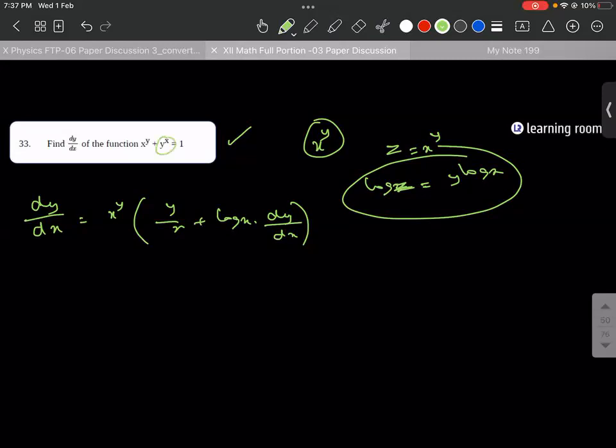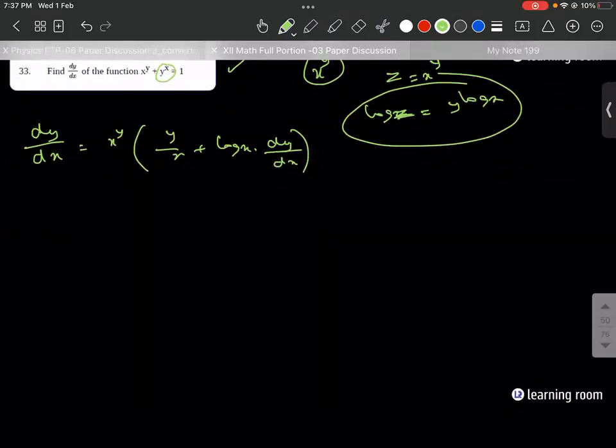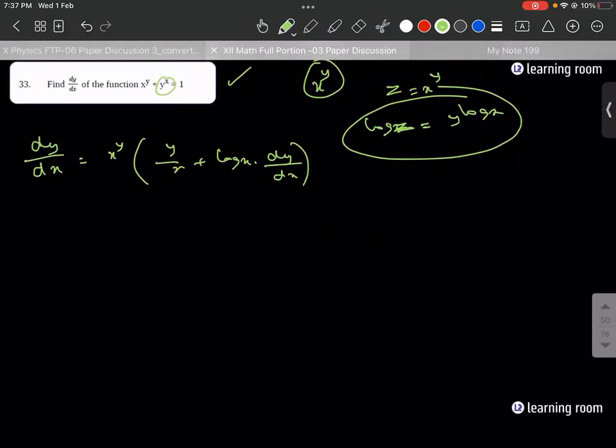Okay, similarly, what is y power x derivative? y power x into log y plus dy by dx into x by y.